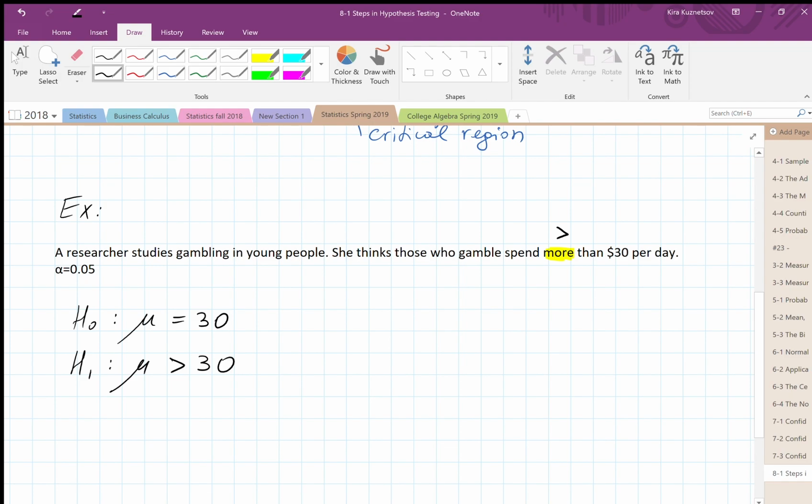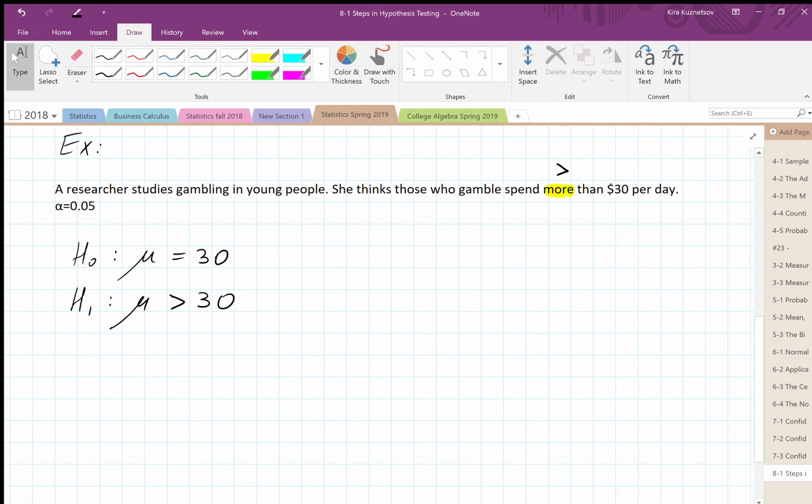So the researcher studies gambling in young people. She thinks those who gamble spend more than $30 per day. So this is why the alternative hypothesis has a greater than sign. Now, if I draw a normal distribution at this point, and I'm trying to indicate my alpha, this is where my 30 occurs.